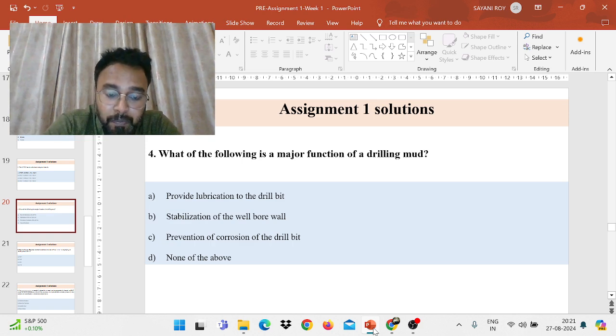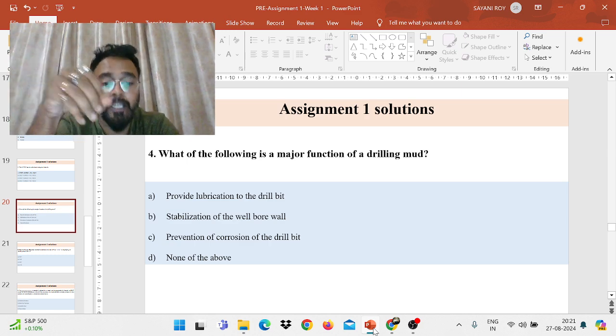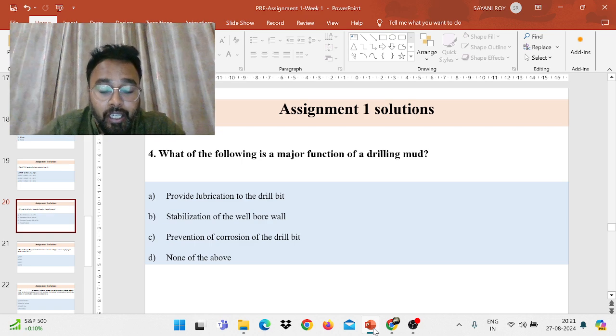Lubricating the drill bit is also done in the process, but the main function of the drilling mud is providing lubrication to the drill string mainly, and corrosion control to the drill string.